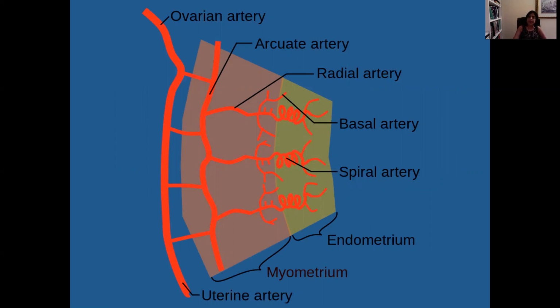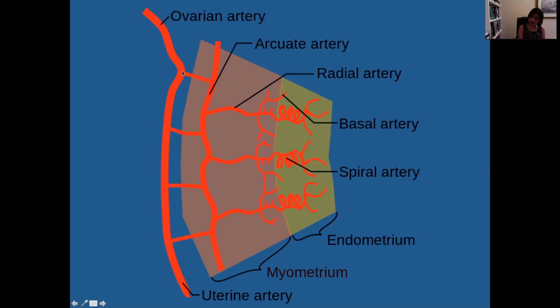Well, let's understand the layers here. Endometrium is in green. This brownish area is what we call myometrium. As you know, myometrium is much thicker and has layers of smooth muscle.